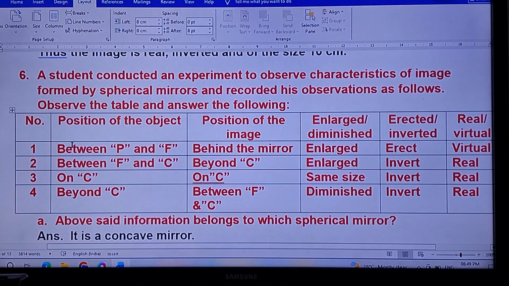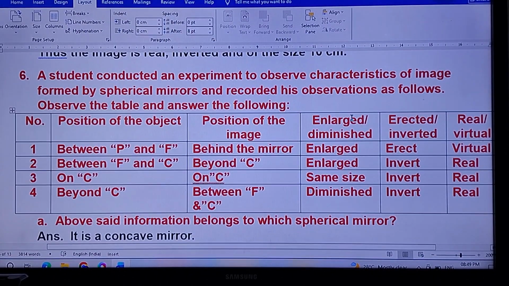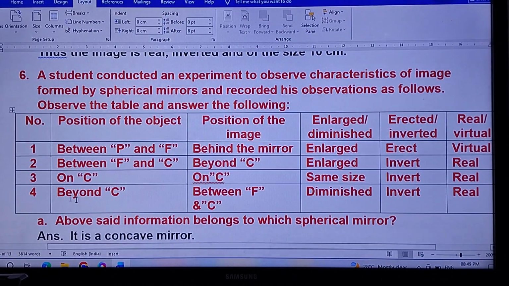See, the number, how many times he has taken positions, position of the object, position of the image, enlarged or diminished image, erect or inverted, real or virtual. So first one, he kept the object between P and F. Here he got the image formed behind the mirror. It is an enlarged image, an erect image, a virtual image.